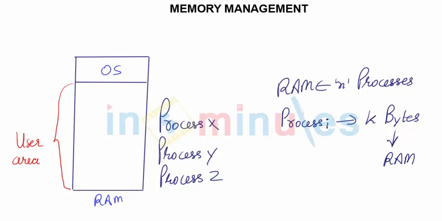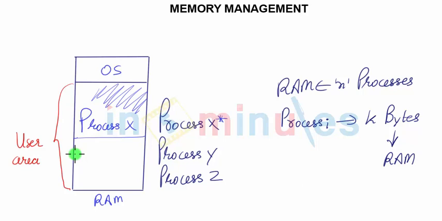Consider in this example, process X is currently in the RAM and getting executed. But this process X might take only some part of the RAM. The remaining part is free. In the current example, I am considering that the RAM used by the OS will only have two parts: one area in which the OS is residing, and the second is the user area.